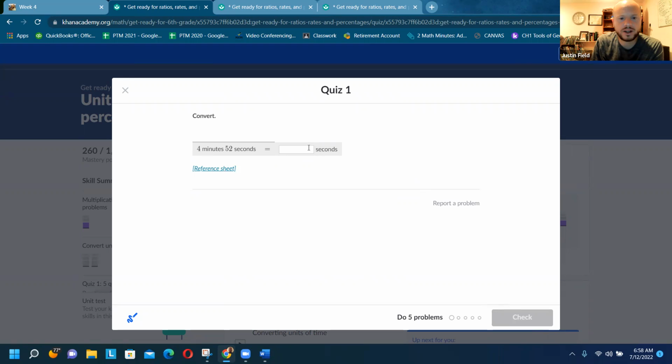So, converting to seconds. This is the time of year when we realize who has the prior knowledge we're expecting and who is lacking it, in terms of asking students how many seconds are in a minute, how many hours are in a day. Some students are like, you realize you haven't really known that.